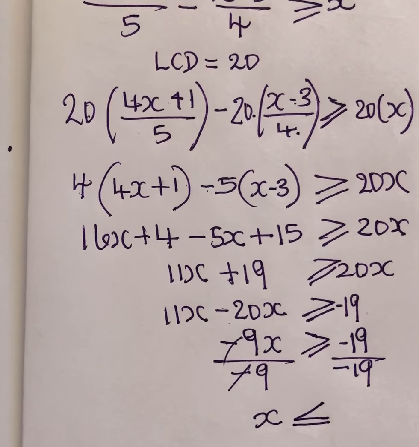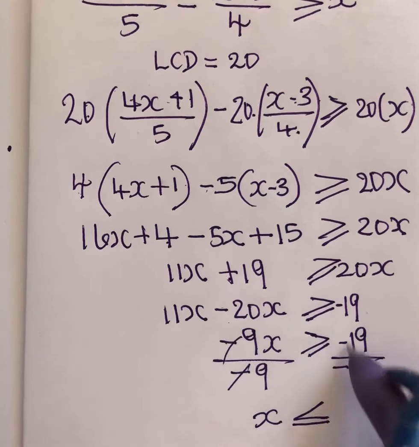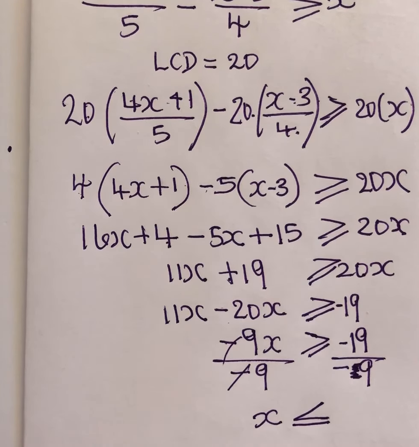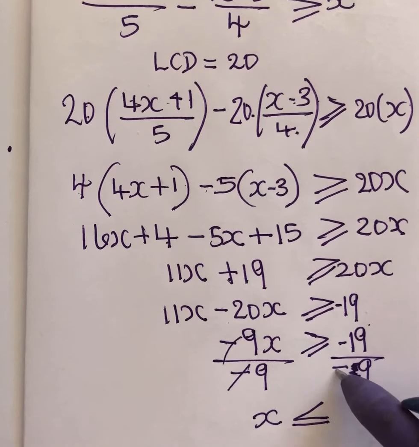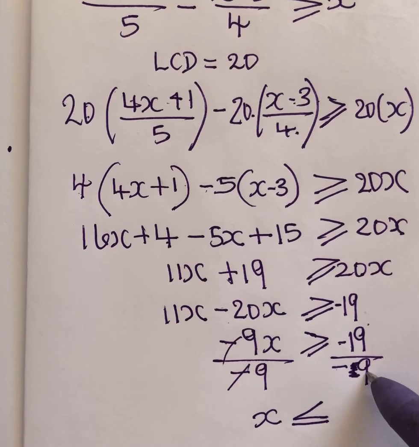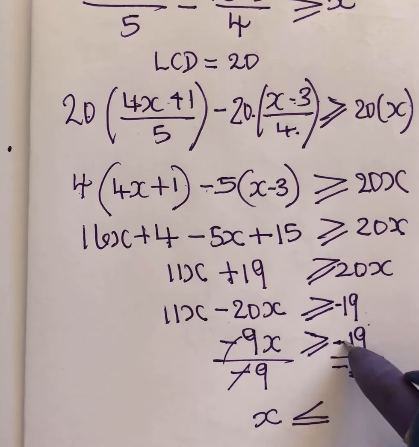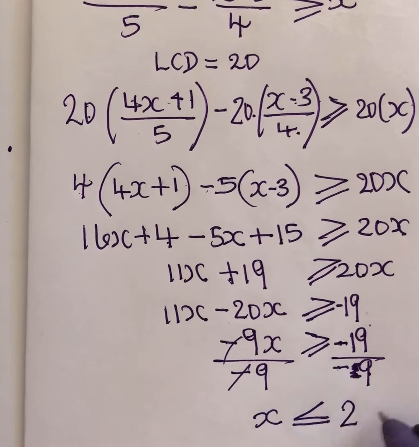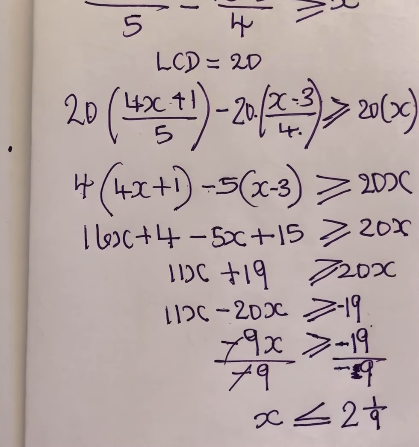That's the rule, right? Negative divided by negative, and this should be 9, not 19. Good? It should be negative 19 divided by 9. A negative divided by a negative will give you a positive. 9 goes into 19 2 times, and it leaves us with 1 remainder.